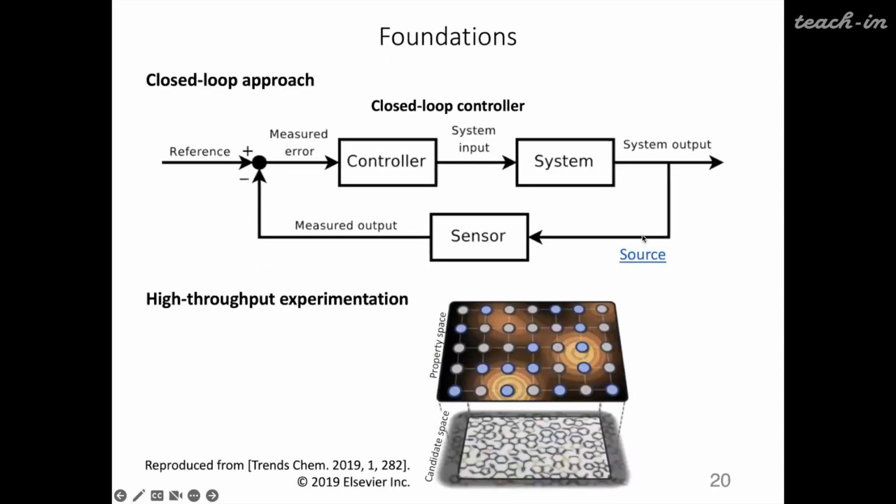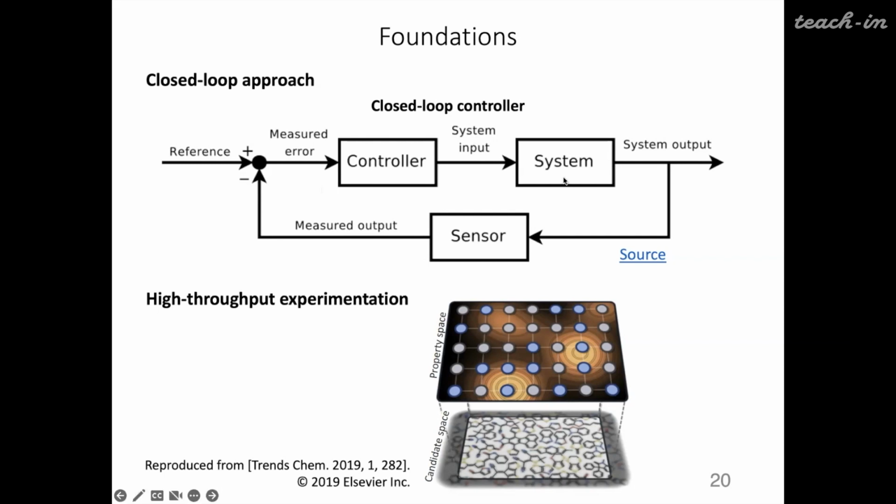So first of all, let's consider a so-called closed-loop controller. So if we have some signal that deviates positively or negatively, we can measure an error or deviation and input it into the controller.